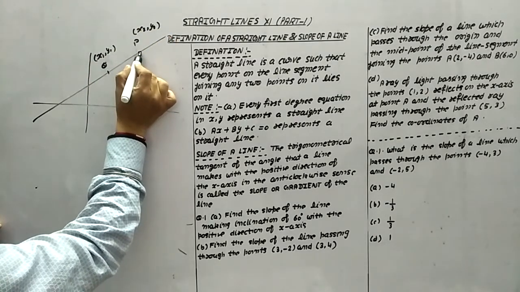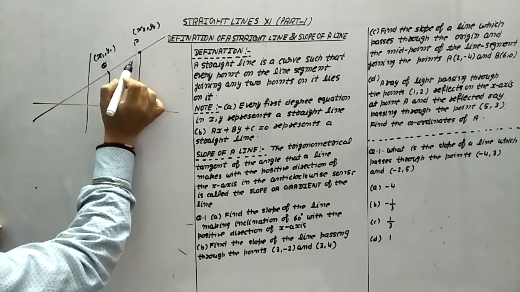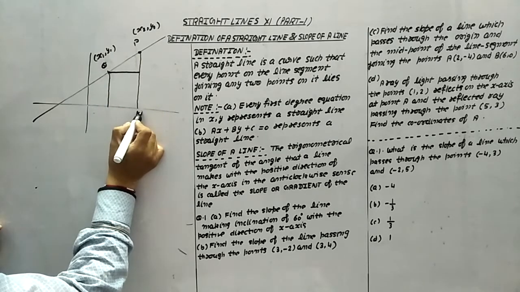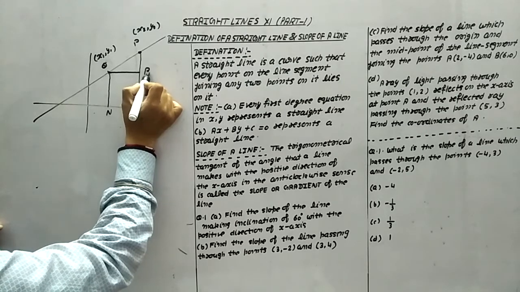Now from Q we will draw the perpendicular on this PN. This is PN, this is QN, and let us suppose this is R.